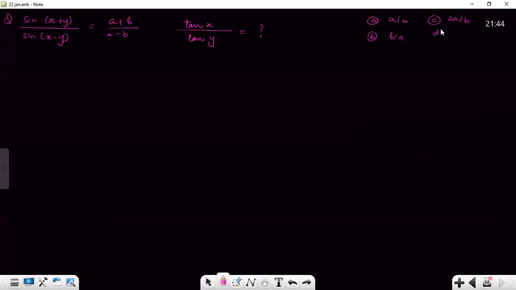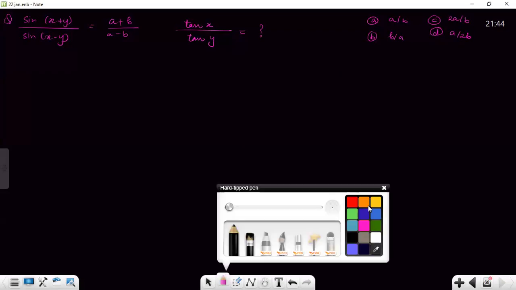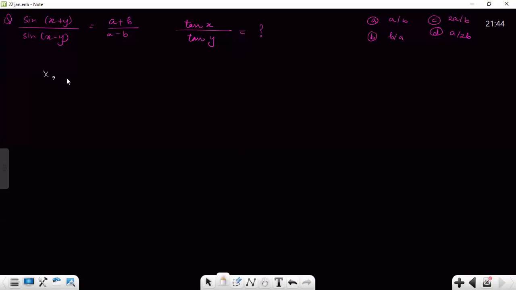A by 2b. These are the options. Now here, one thing is clear to us, that x and y are some angles, and a and b will be some real values.